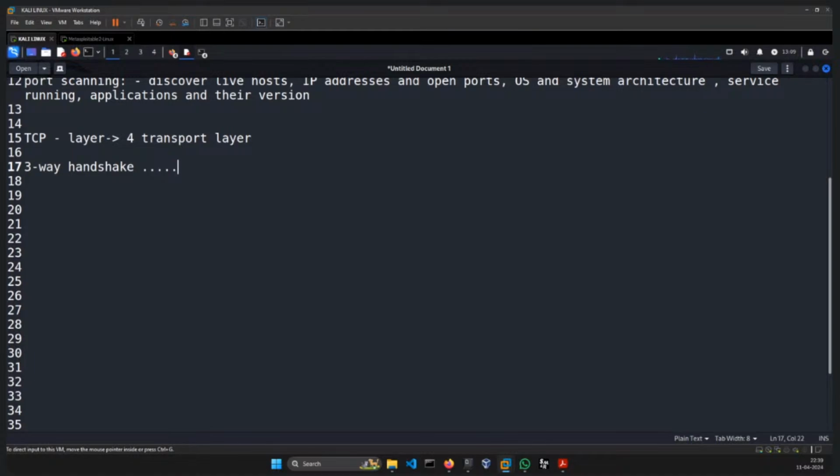Before getting into that, if you have seen the structure of a TCP packet, you have seen there is a small part of it called TCP flags. Can anyone tell me what the different TCP flags are?